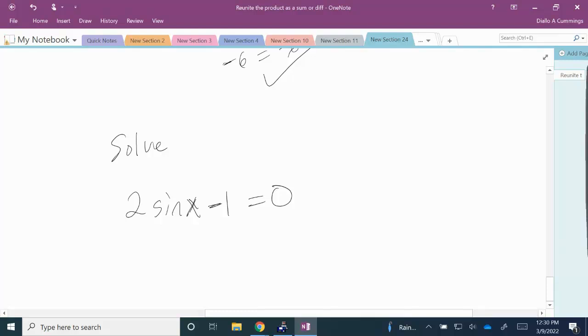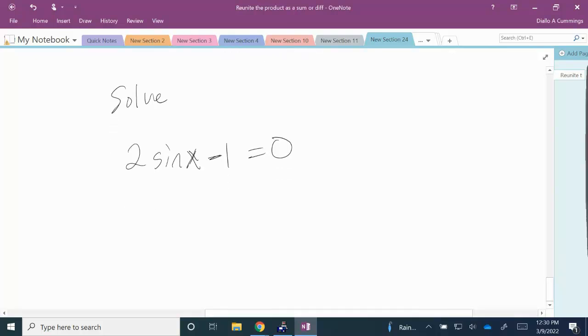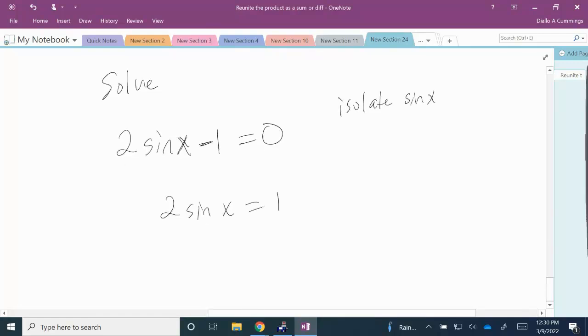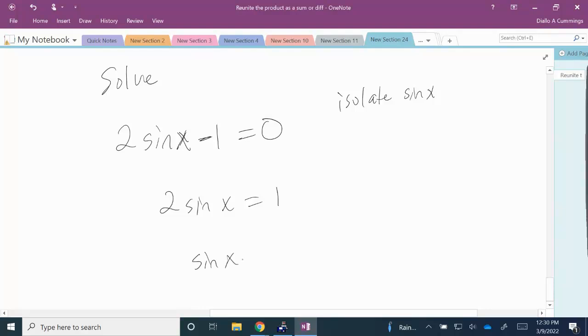If you don't have any powers, then it's a linear equation. It's a linear trig equation. So in order to solve it, we're going to isolate for the sine of x. Right? So in order to isolate the sine of x, I'm going to add 1 to both sides, and I'm going to divide by 2. So the sine of x is equal to 1/2.